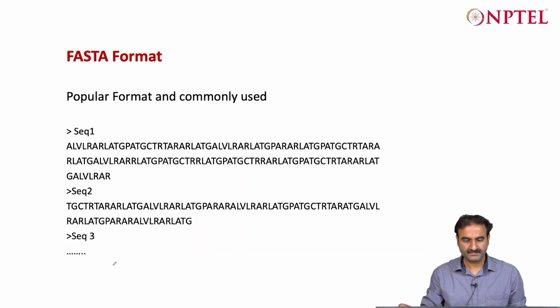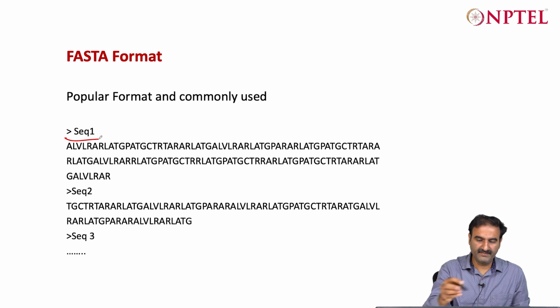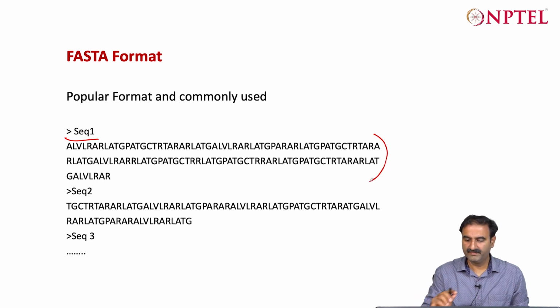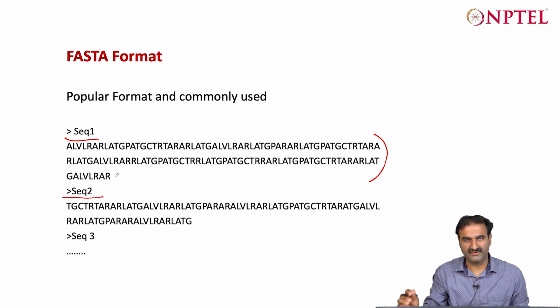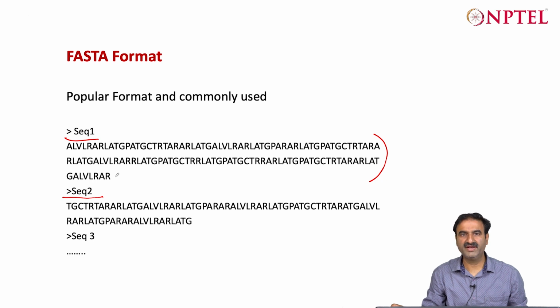So for example, here we are defining a little further. This is sequence 1. This is a protein sequence, an amino acid sequence, and you can see that there is no end defined, but wherever the next sequence starts, with the greater than symbol and sequence 2, the first sequence ends. So we don't need to define an end here.